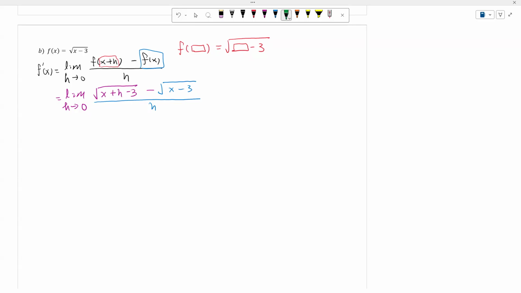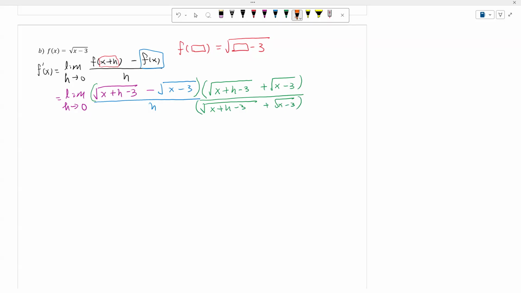Then we know that we could work with the conjugate pair because it's related to the square root, right? So we could multiply top and bottom by square root of x plus h minus 3 plus square root of x minus 3. Okay.